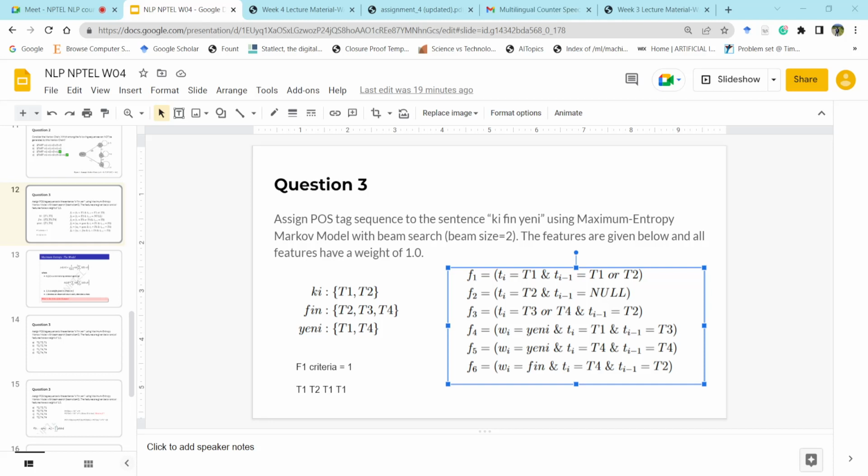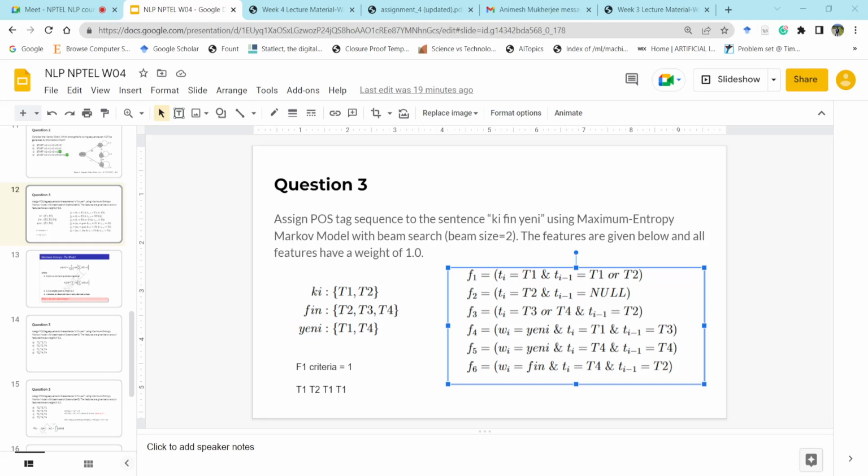So we have to calculate P of T1 comma T2. We are essentially doing the second sequence of the two words, given ki fin. We have to say that the postags are T1 and T2. So what is the probability for that?